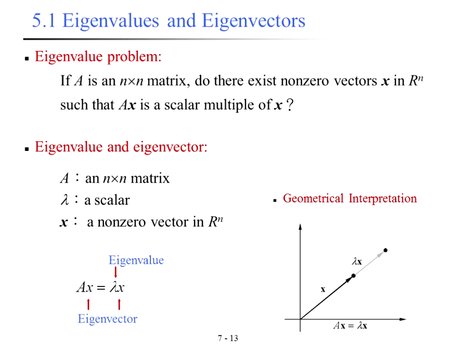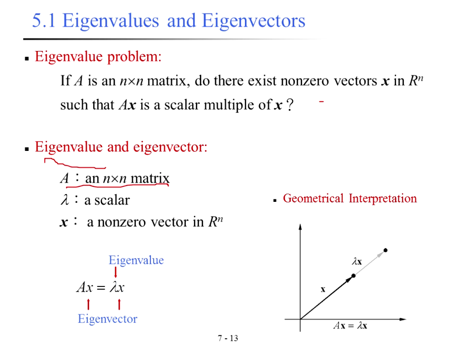I'm going to once again repeat what we discussed till now. First of all, I discussed if A is an m cross n matrix, do there exist non-zero vectors x such that Ax is a scalar multiple of x. So there are two things: one is eigenvalue and another is eigenvector.